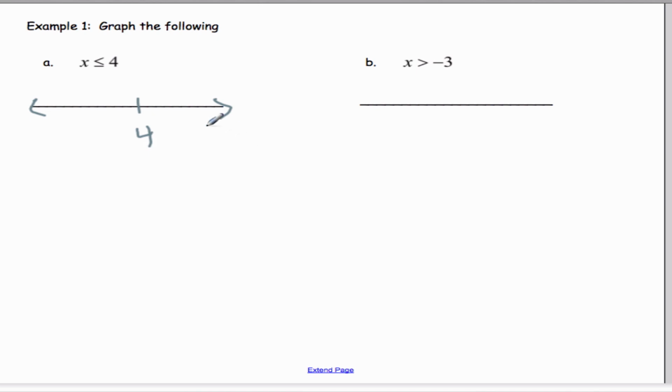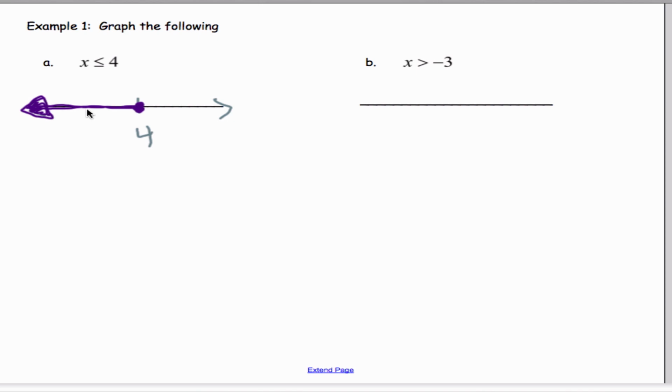And we're saying that it's okay to include the number 4 because it says less than or equal to. So here I'm representing that our x could equal 4, but we also want to say that it could be any number that is smaller in value. So we're shading towards the left because those are values that are smaller than 4. And so we're saying that x could be anything that is 4 or smaller, and it would be okay.